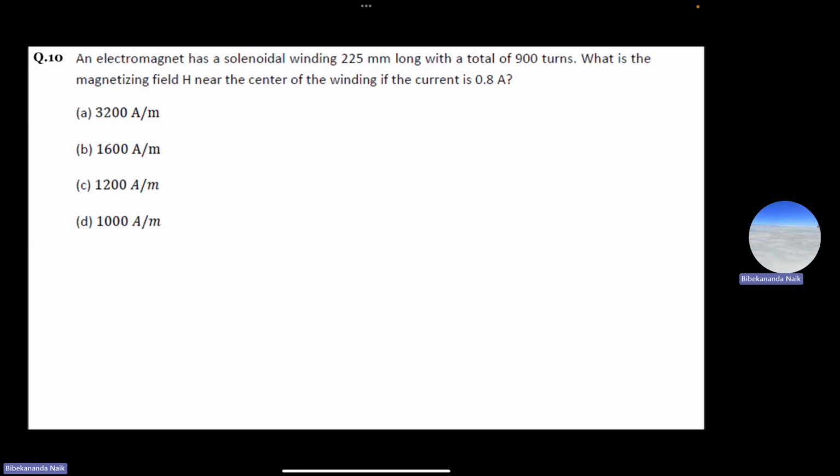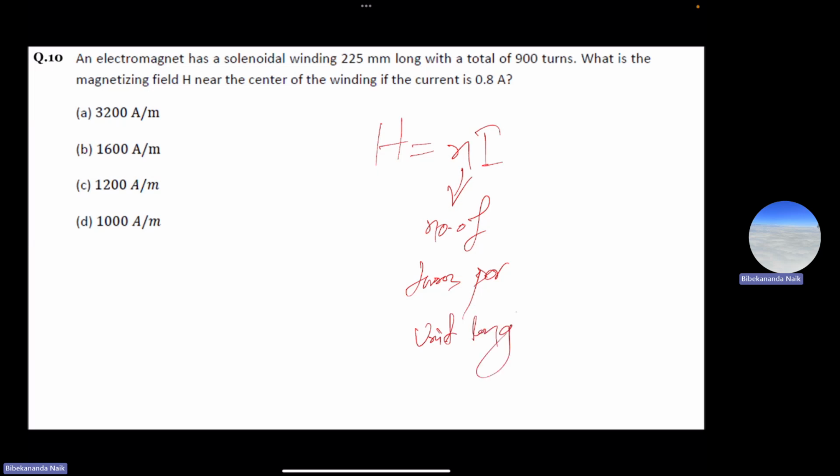We need to find out the magnetizing field H near the center of the winding if the current is 0.8 ampere. We know H is given by n I for a solenoidal winding, where n is the number of turns per unit length and I is the current.